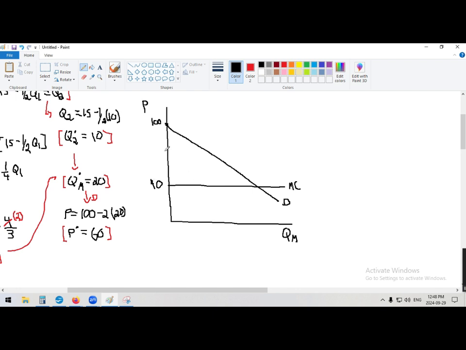And then what happened here is we know the price and market quantity. See, the price was 60. So that's going to be somewhere here. And the quantity, when it goes across, we know this is going to be 20. This is on the market here. So there's your equilibrium price and quantity.